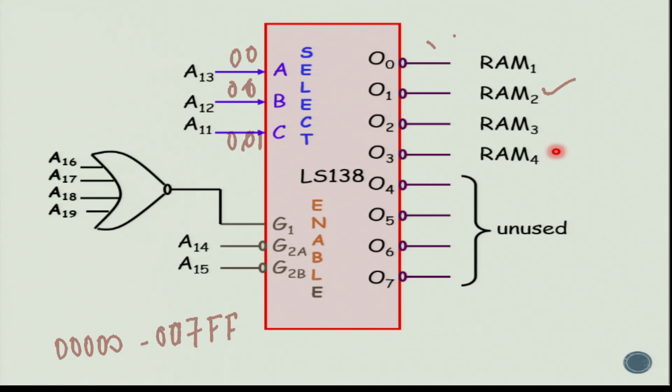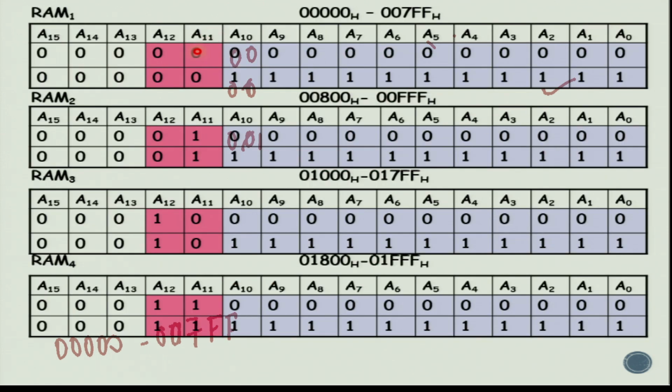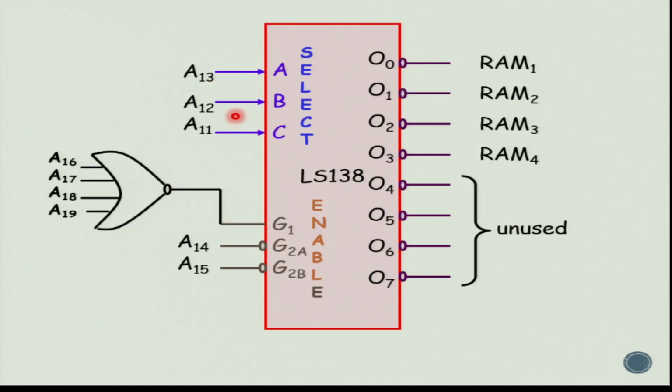So what we have seen earlier is based on the values of A11, A12 and A13: if all three are 0, it is RAM 1; 0, 0, 1, it is RAM 2; 0, 1, 0, it is RAM 3; and 0, 1, 1, it is RAM 4. So this can serve as our A, B and C inputs to the decoder. That is what we have done. We have connected A13, A12 and A11 to the A, B and C inputs. Outputs 0, 1, 2, 3 go to RAM 1, 2, 3, 4 respectively.